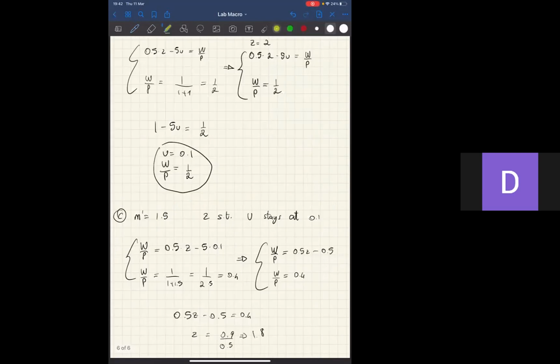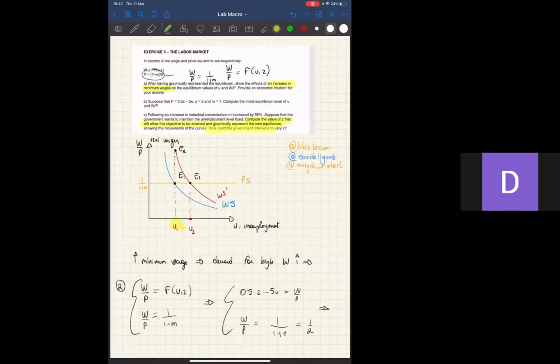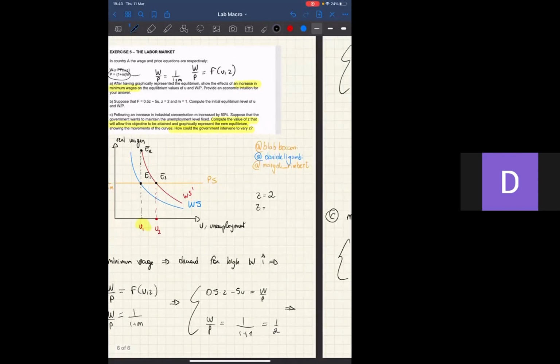And what I'm going to focus on is the economic intuition and answer the final question, which is how could the government intervene to vary Z? So what we have found here is that Z before was 2, and now is basically going to be 1.8.